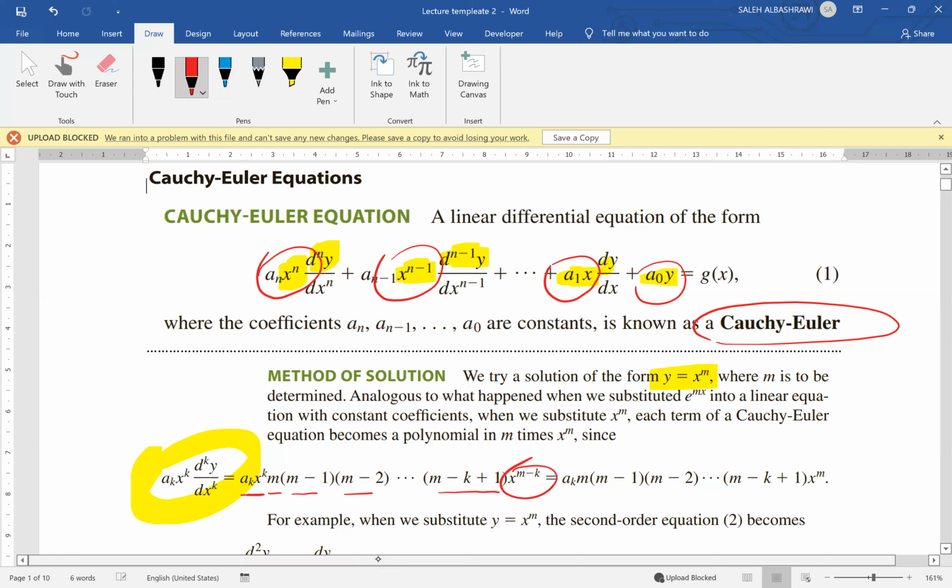Combine this with the x to power k, and we will have a sub k times m times m minus 1 times m minus 2 up to m minus k plus 1, multiplied by x to power m.